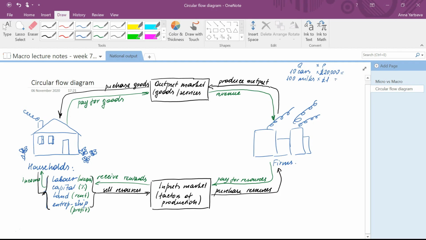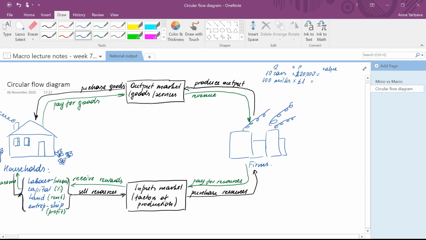What will be the total value of output produced in our economy? 10 cars, 20,000 pounds each, implies that the value of all cars produced by our firms will be 200,000. And we can also add here 100 pounds worth of milk, which our companies have produced. So the combined value of all goods and services generated by our firms in a particular time period will be 200,000 and 100 pounds.